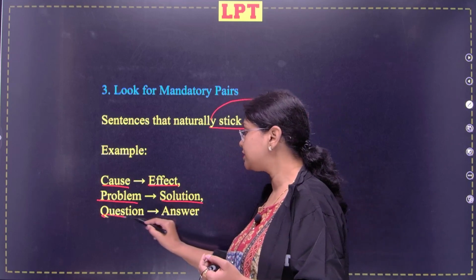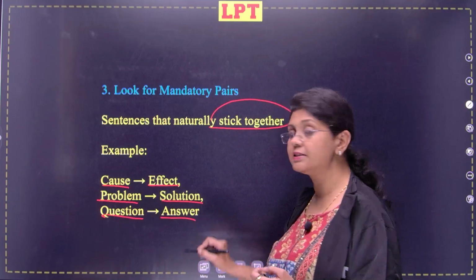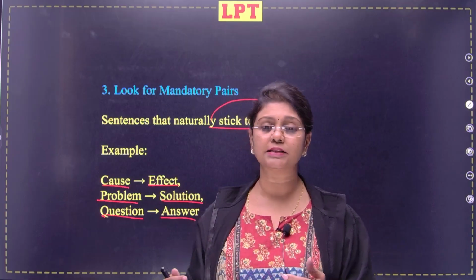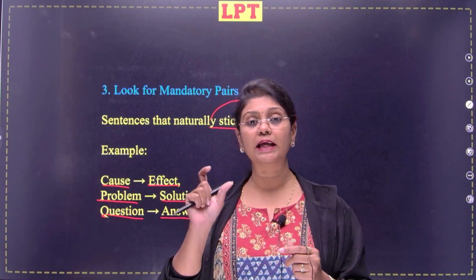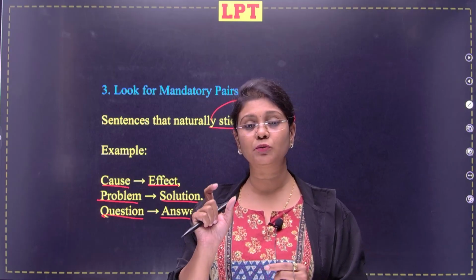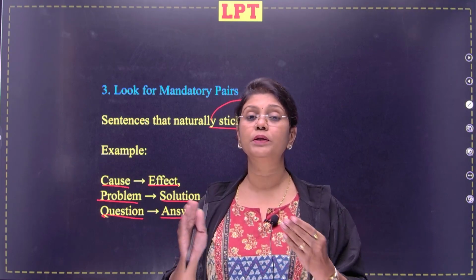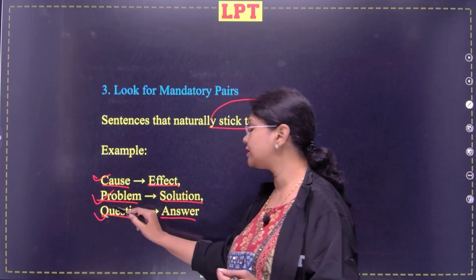Similarly, there is a statement that gives you a question and a statement that gives you an answer. Then of course, the question precedes the statement that gives the answer. So there are some mandatory pairs you should always keep in mind, because that helps you label 2 sentences together, which helps you identify which sentences gel with other sentences. So remember: cause and effect, problem and solution, question and answer.